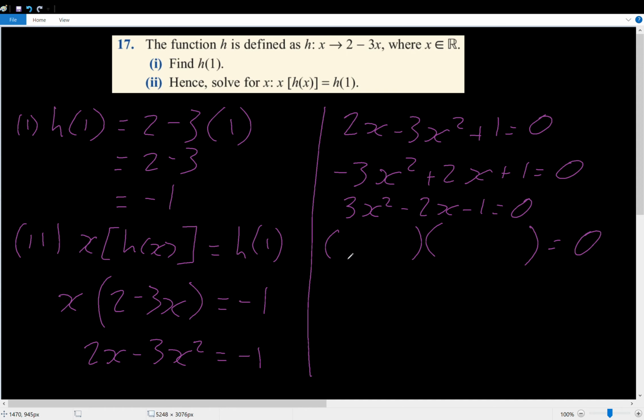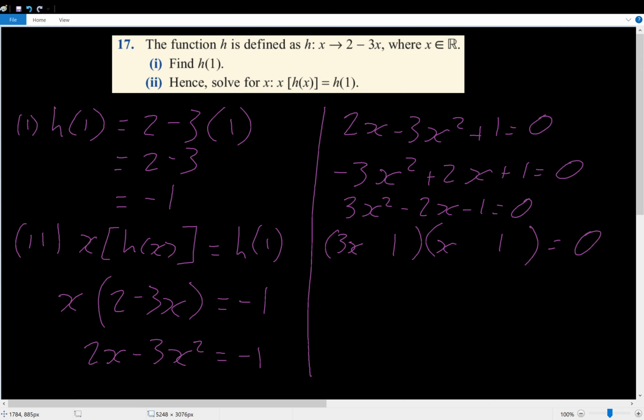The first term in each bracket is going to be a factor of the first term in the equation, which is 3x squared. So we're going to have 3x and x. The second term in each bracket is going to be a factor of the last term, which is minus 1. The factors of minus 1 are going to be 1 and 1, although one of them is going to be a negative, and we need to figure out which one.